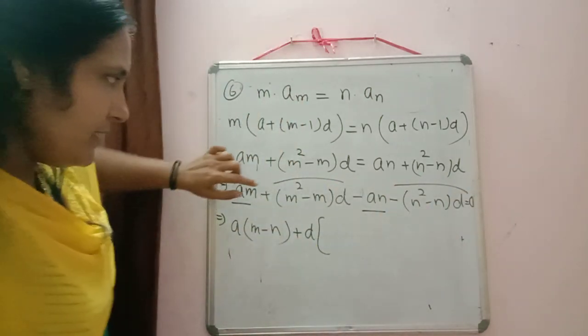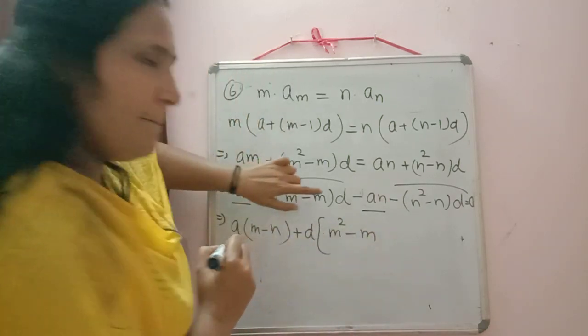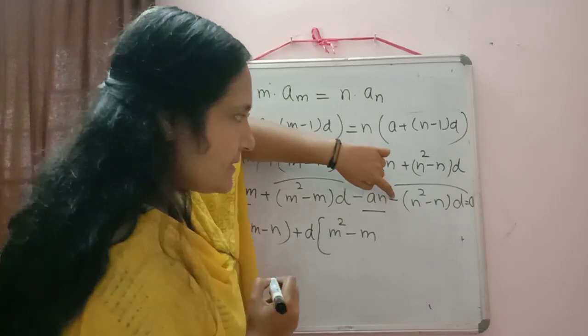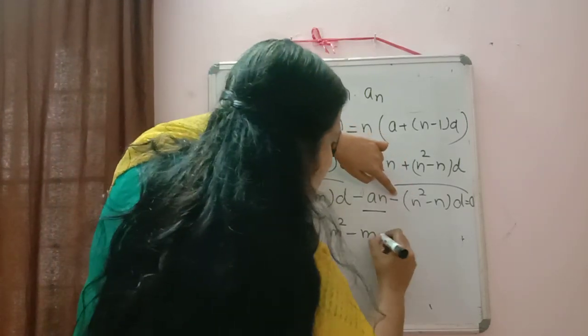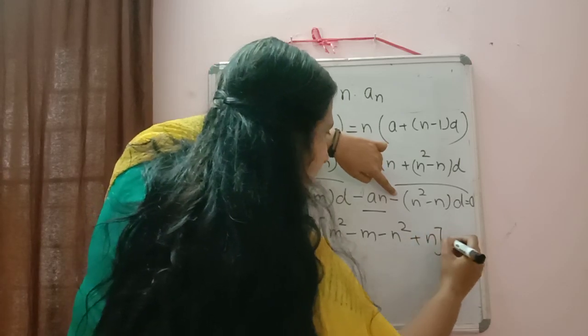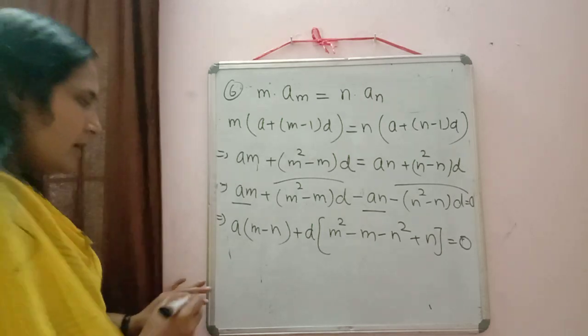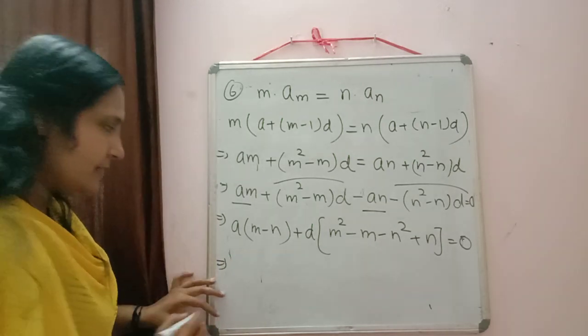So d taken common, here it is m square minus m. Here a minus sign is there, so that will get multiplied. So we will get minus n square minus into minus plus n is equal to 0. D already written here. Now just we have to rearrange the terms there.